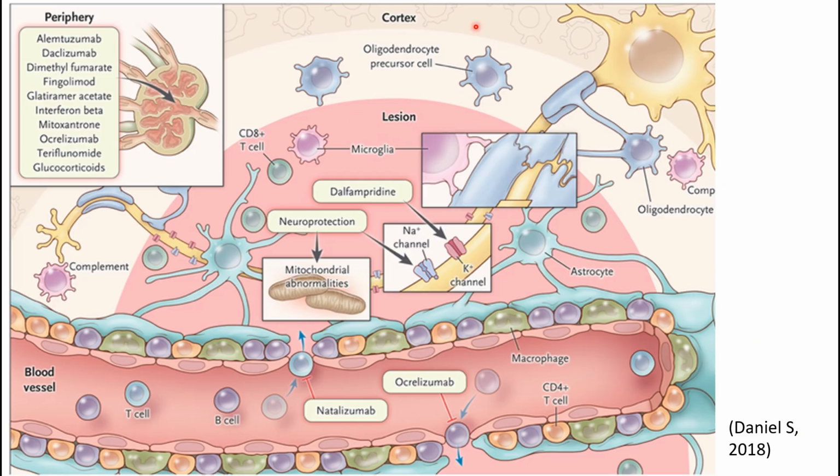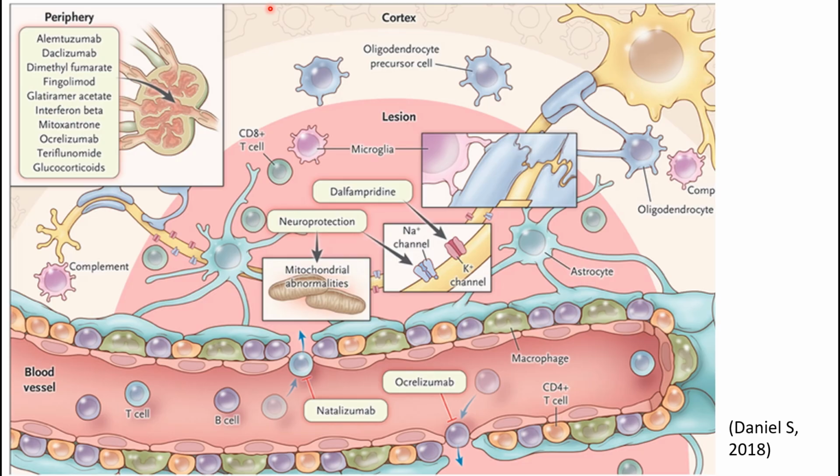This image summarizes a few drugs that work on a few aspects of the CNS, and these are the drugs that work on the peripheral nervous system. Then we can see that there is LM2-ZAB, there is delphamidopridine, which works on the sodium potassium channels.